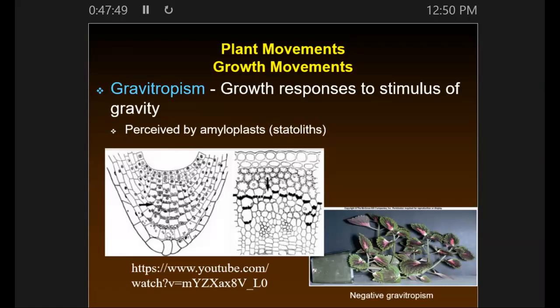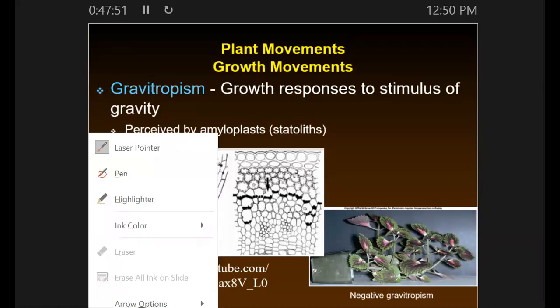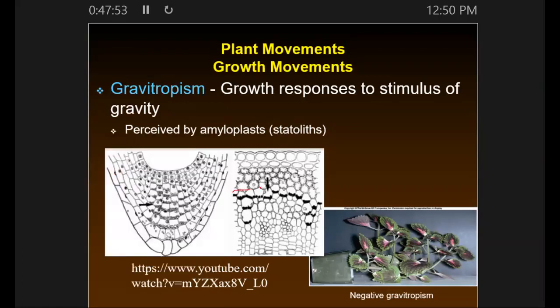And that action is what they think is causing the root to keep growing down. That's the way to go for gravity. And they give it a special term, but basically they're just amyloplasts. It's the way they orient in the cell, pressing on the cell membrane, that tells the plant, okay, keep going that way, keep growing down.